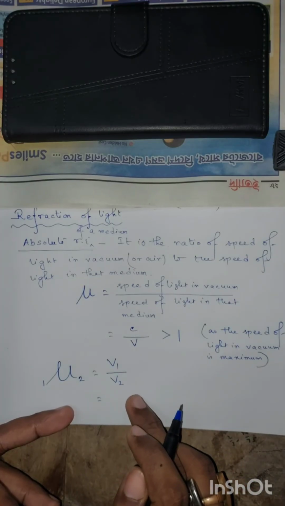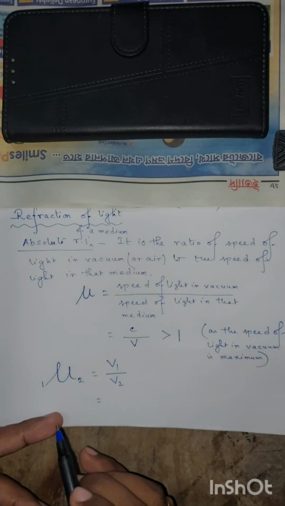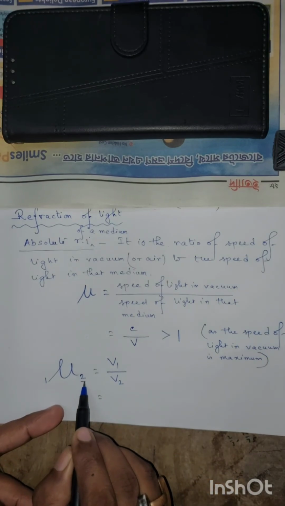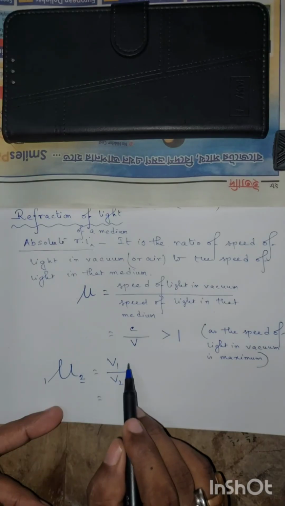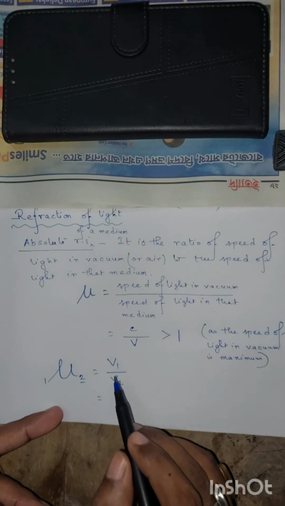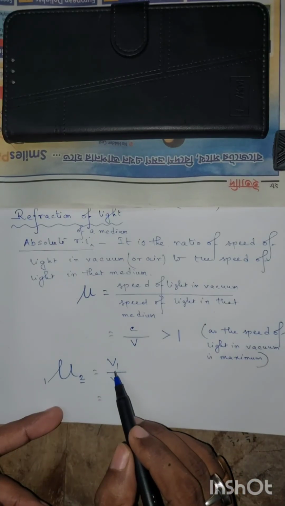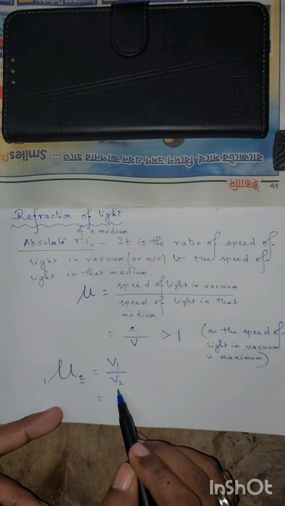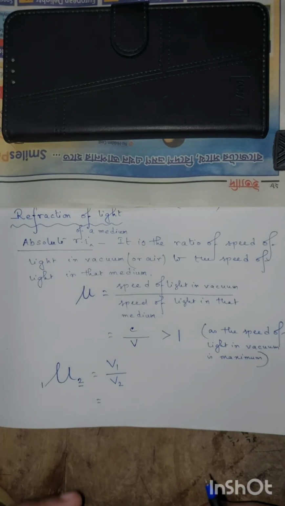That means refractive index of medium 2 with respect to medium 1 can be written as v1 by v2, where v1 is the speed of light in medium 1, v2 is the speed of light in medium 2.